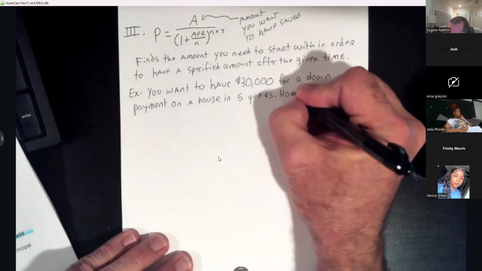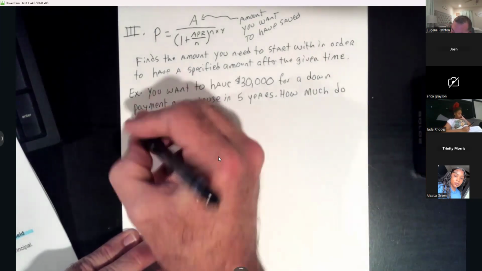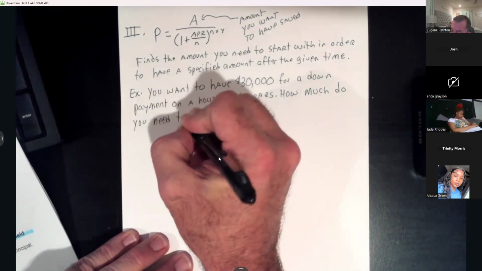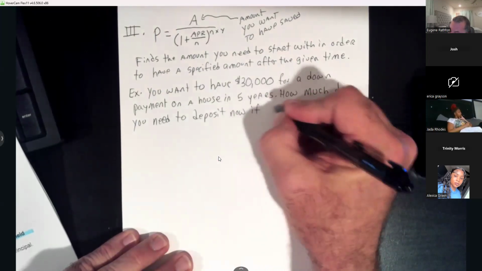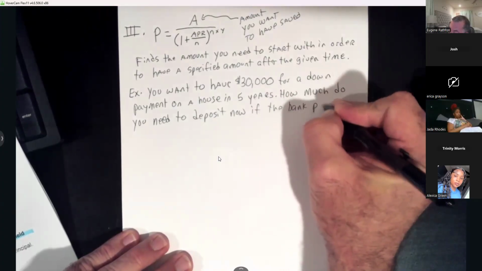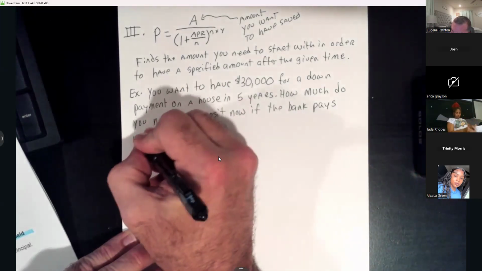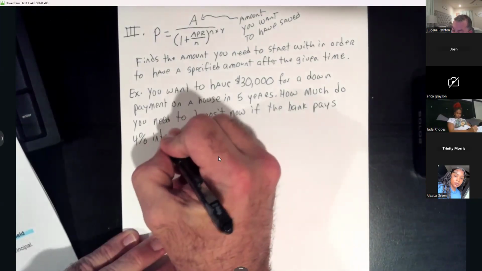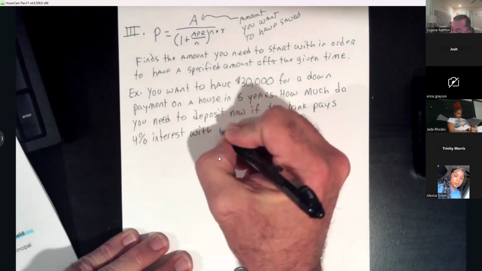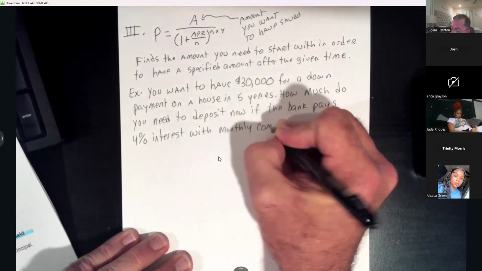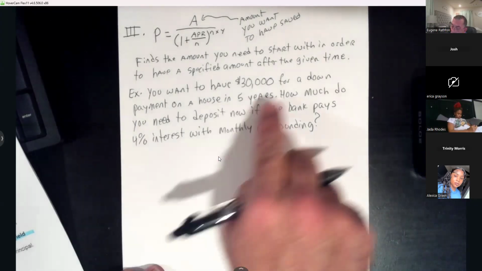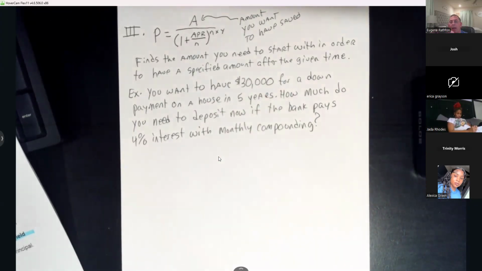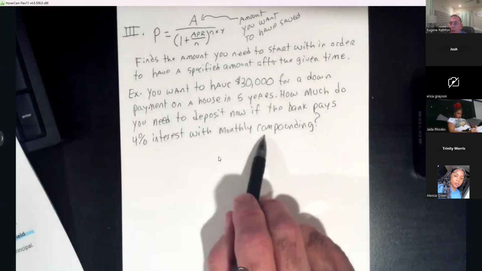Okay, so how much do you need to deposit now if the bank pays 4% interest with monthly compounding? Okay, so I want 30,000 after 5 years. I need to see how much money I need to put into that bank. They're going to pay me 4% interest, monthly compounding.